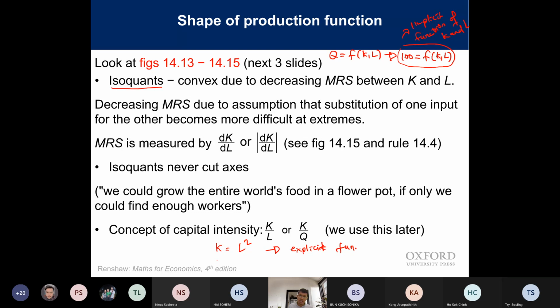And if you have K square plus L square equal to 1, this is called an implicit function of K and L. What is the difference between explicit and implicit? Explicit means you can get K exactly once you know L. For example, when L equals 1, K is 1. When L is 2, K is 4.